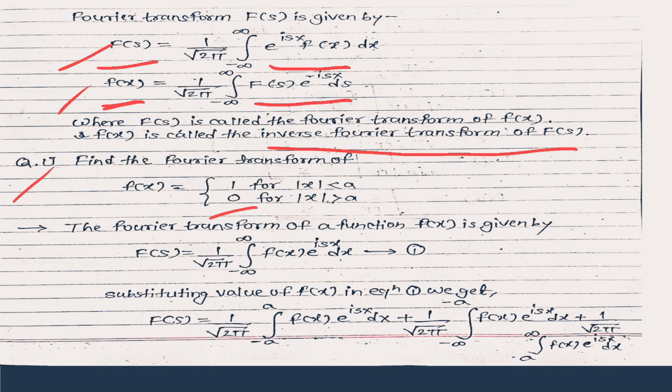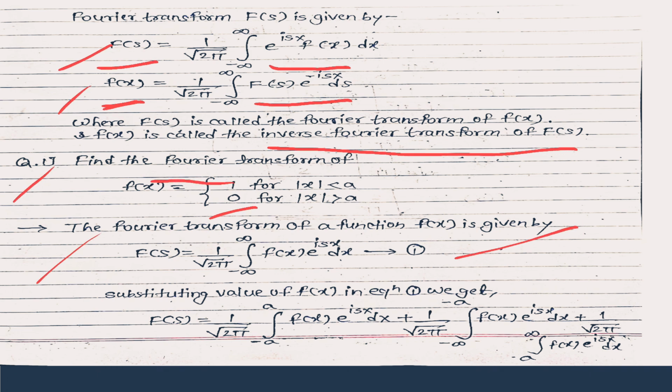Moving toward the solution, first of all we will write the formula of Fourier transform, that is f of s is equals to 1 by under root of 2 pi, integration varies from minus infinity to infinity, f of x e raised to iota sx into dx. Write the proper formula.